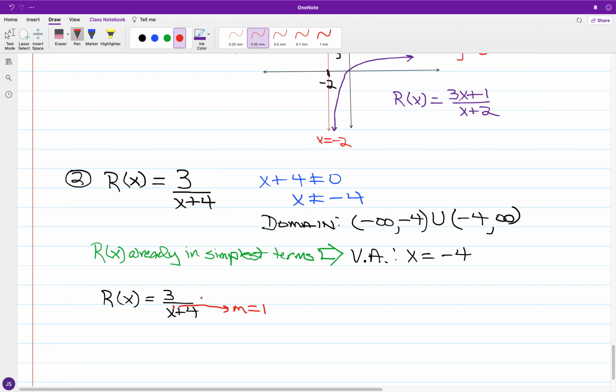Now for the numerator, you do not see an x term present. What this means is that n is equal to 0, because if you have just a constant, then the degree is 0. In terms of how n and m relate, 0 is less than 1.